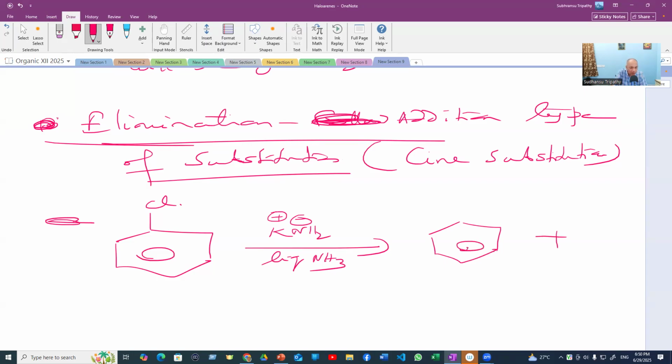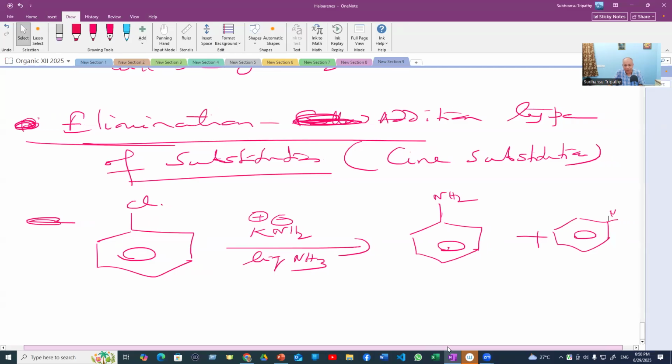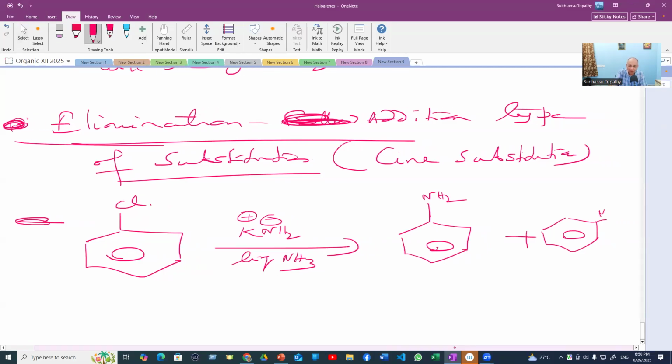One is the normal product where the leaving group was, NH2, and one is the cine product. Displaced, NH2 will be here. You will say, how will you know that you will be getting two products? There is one position displaced.